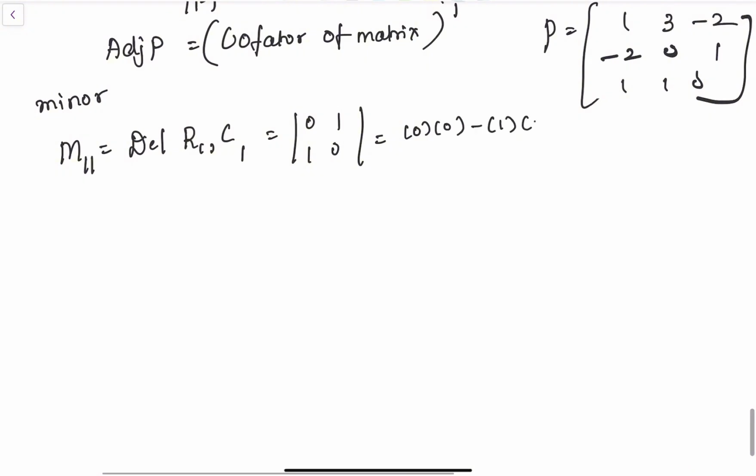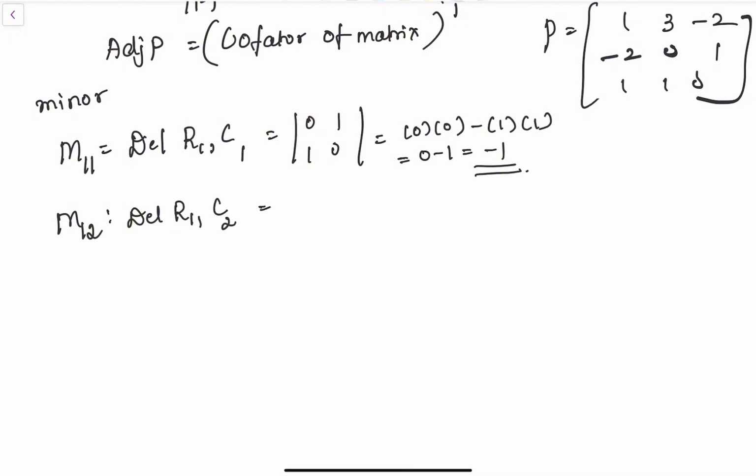It is 0 into 0 minus 1 into 1. It is 0 minus 1, which is minus 1. Then I will go with m12. You have to delete row 1 and column 2. So what will that be? 3, 1, minus 2, 0.